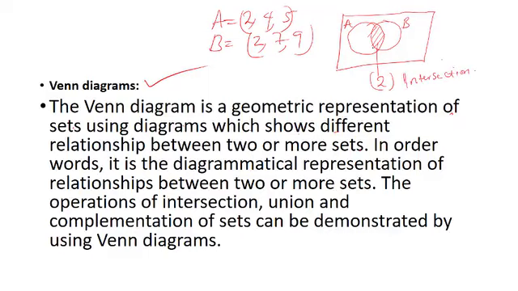So this point is the intersection between A and B. So this is what they have in common, and this point will have 2. While the other numbers that are not in common, 4 and 5, will now be here. And on this other side, what is left is 7 and 9. Now let me show us how the Venn diagram is written.